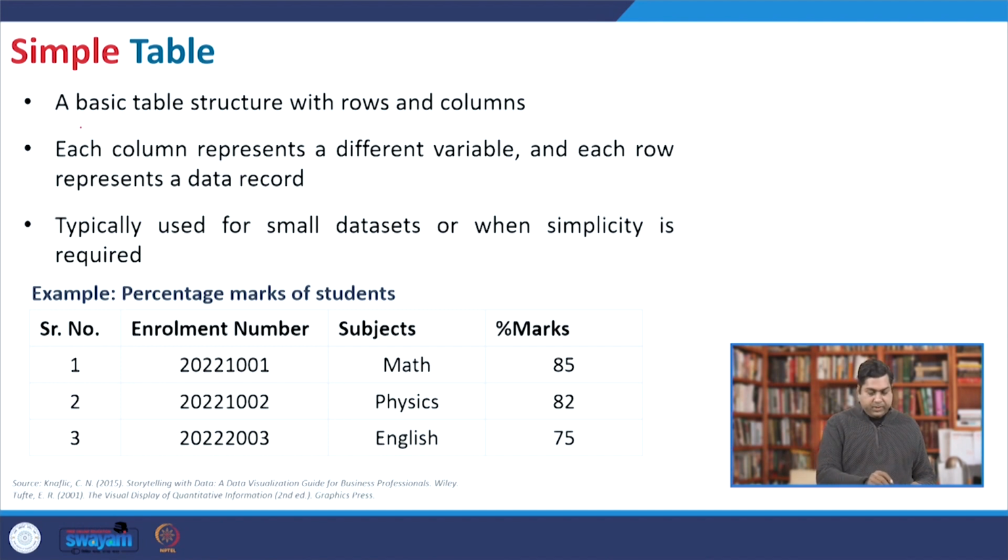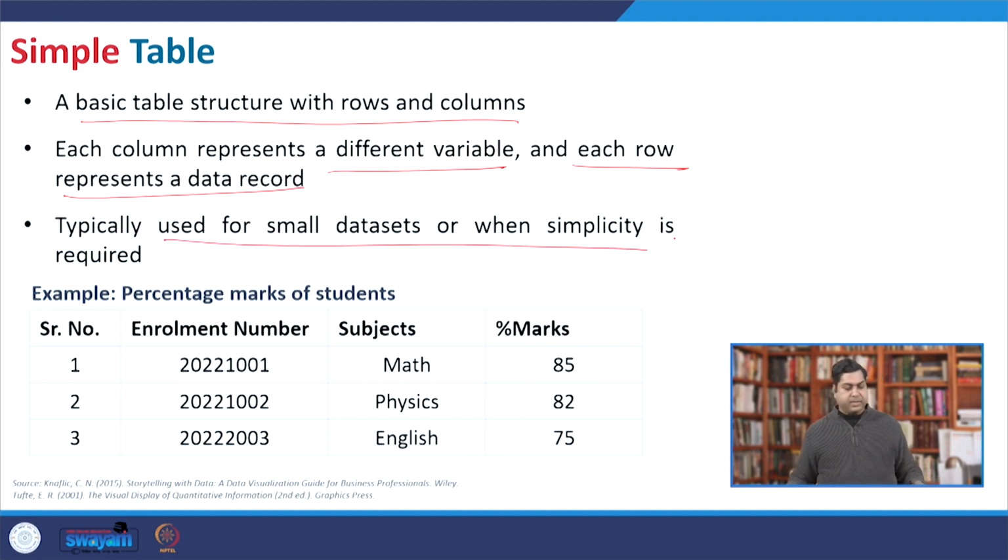A simple table is a basic table structure with rows and columns, where each column represents a different variable and each row represents a data record. Typically, it is used for a small data set when simplicity is required. In this case you can see this is percentage marks of students, these are the serial numbers of 3 students and these are their enrollment numbers, again hypothetical numbers, and then for this particular student it is the math subject where that student scored 85% marks.